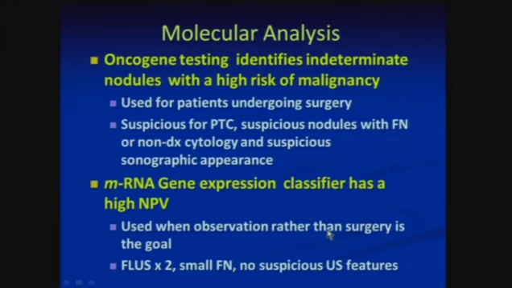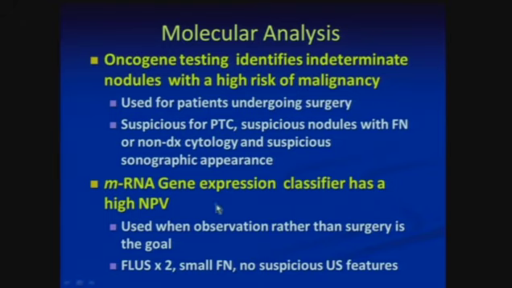So in summary, there's two different types of tests out there. Oncogene testing, which identifies genes expressed in thyroid cancer, and these have a very, very high positive predictive value, but relatively low sensitivity. This is a rule-in test. We use this when we know the patient is already going to go to surgery, and in fact, we want to know, is it a definite cancer, and we would offer the patient a complete thyroidectomy.